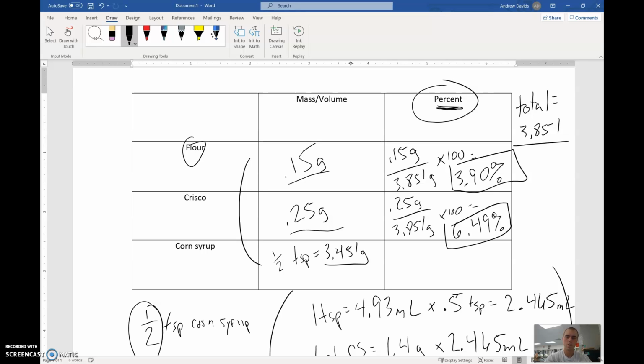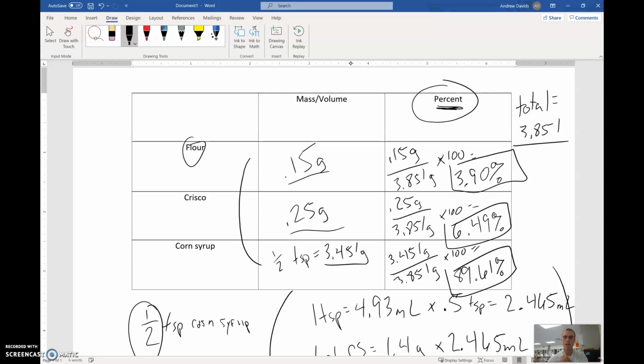Then I've got 3.451 grams over 3.851 grams times 100, and that gives me 89.61%. So that is the three percentages for my ingredients.